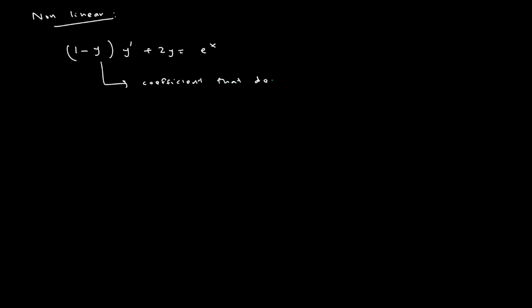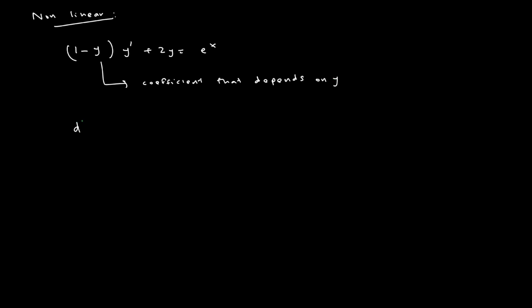Nonlinear diffeqs. One of them would be (1 minus y) times y prime plus 2y is equal to e to the x. So here, y being the dependent term, we have a coefficient that depends on y. Hence, it's nonlinear.